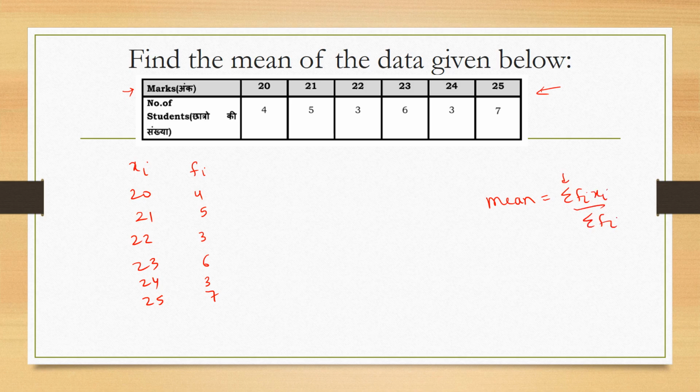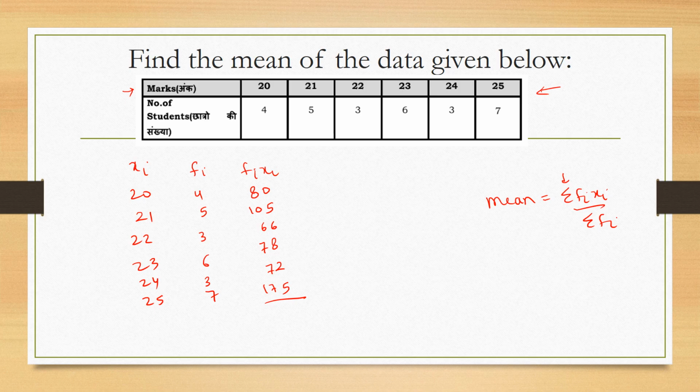Sigma is summation. So first find out fi xi. 4 twenties are 80, 5 twenty-ones are 105, 5 twenty-twos are 110, 3 twenty-threes are 69, and so on.